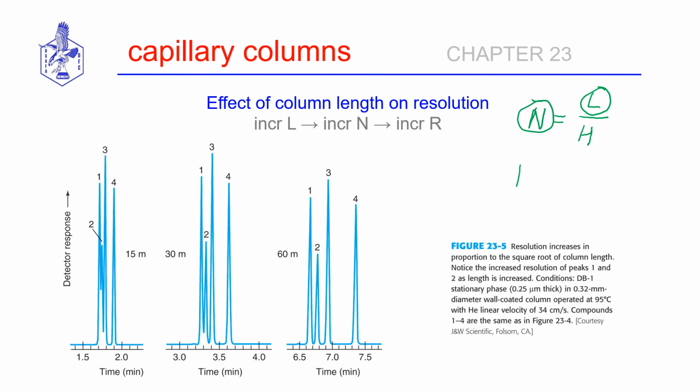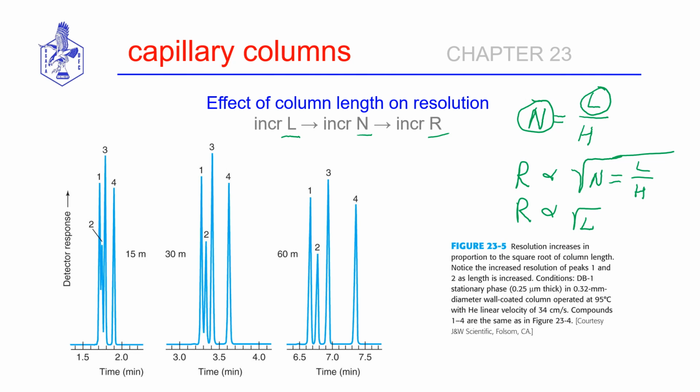If you will remember, resolution is proportional to the square root of the number of theoretical plates, which is the square root of the length of the column over the plate height. So the resolution of a separation is proportional to the square root of the length of the column. So as we increase length, we increase theoretical plates, and we enhance resolution in terms of a square root of the length of the column as a mathematical function.